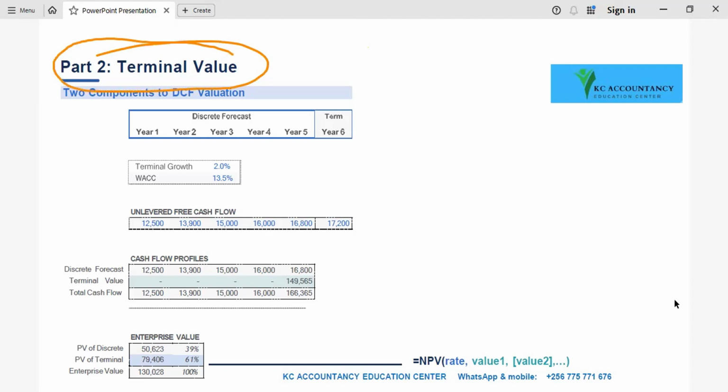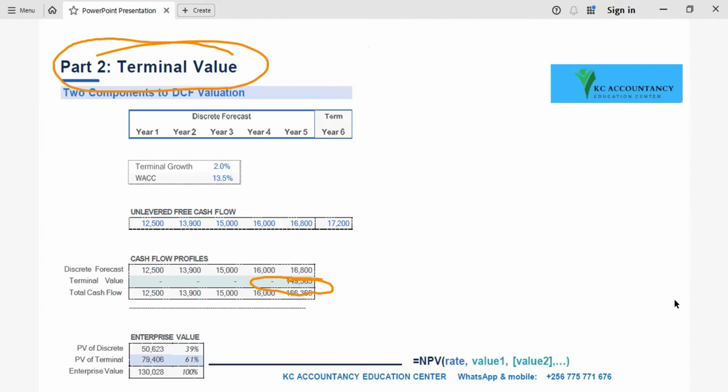Again, we are going to focus on the present value of the terminal value, this value here at the bottom.